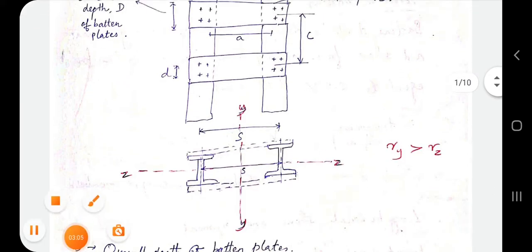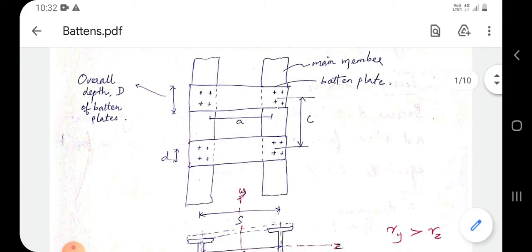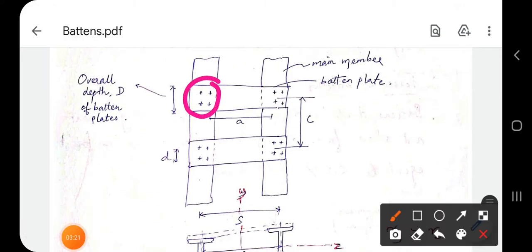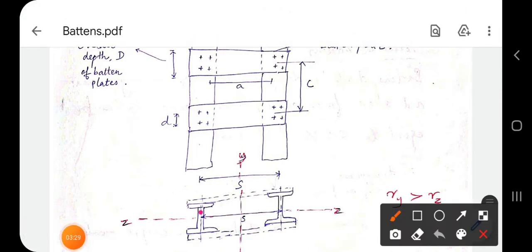And there is another term S. S represents the minimum transverse distance between the centroid of bolt groups on either side. You can see there is a group of bolts in the first member and another group in the second member. So S is the distance between the centroid of the bolt groups.